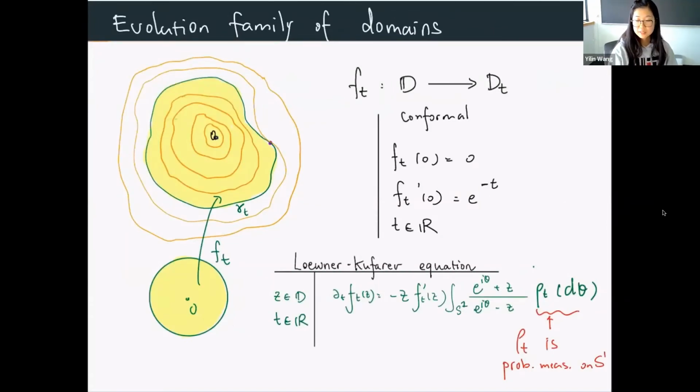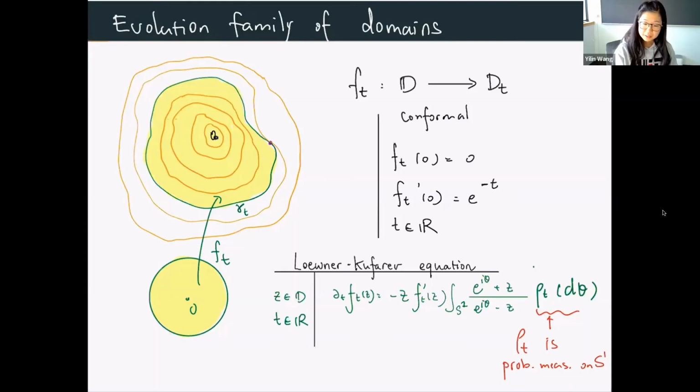So here one needs to think about what happens when kappa goes to infinity. When kappa goes to infinity, because this curve grows very quickly from everywhere, in the end we get an evolution of domains which no longer grows from the tip, but grows from everywhere. For that we need an object called the Loewner-Kufarev equation, therefore the name, which describes the whole family of conformal maps.